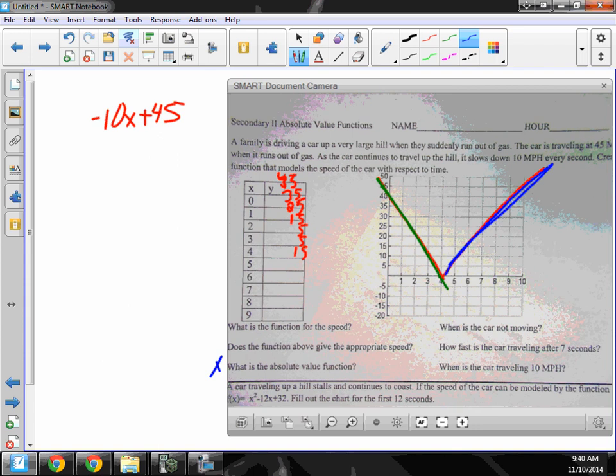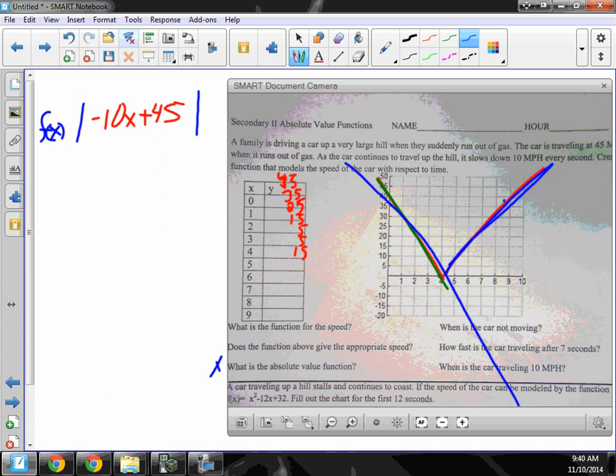What does an absolute value do? Right, it turns any negative numbers positive. So if I were to graph this negative 10x plus 45, it would look like that. Well, if I wanted to turn all of these negative numbers to positive numbers, all I have to do is put absolute value marks around it. And that will accomplish that feat.